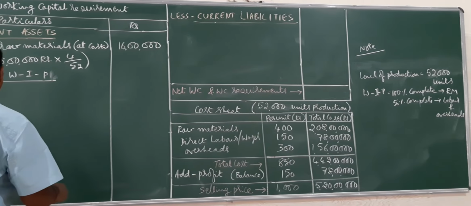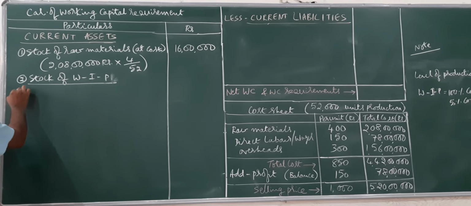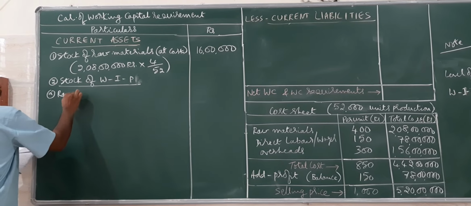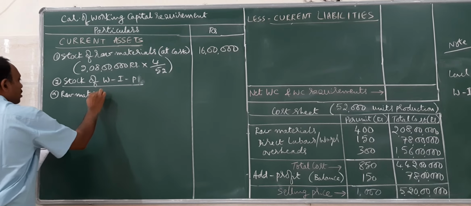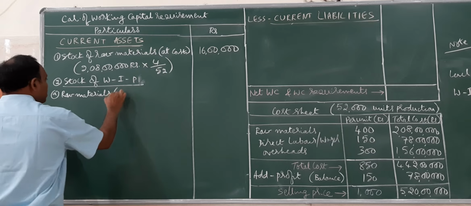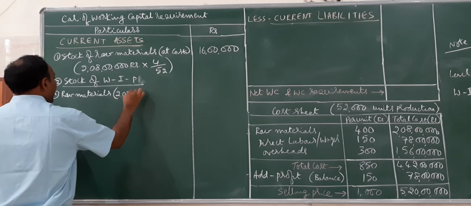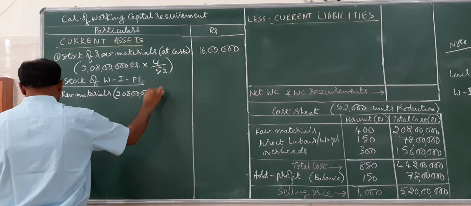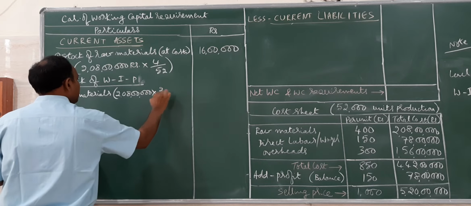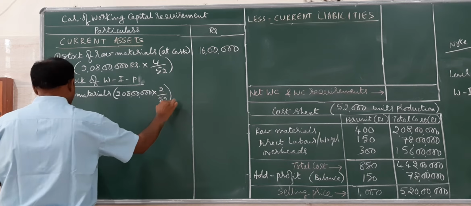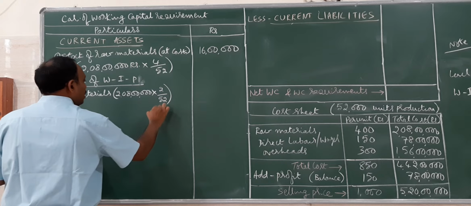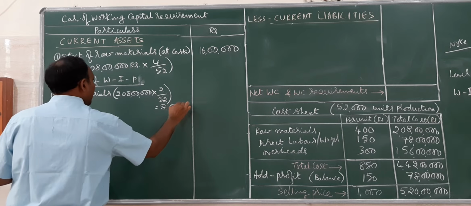So we have to work separately. First let me take raw materials, 2 crore 8 lakhs for 2 weeks. It amounts to 8 lakhs.